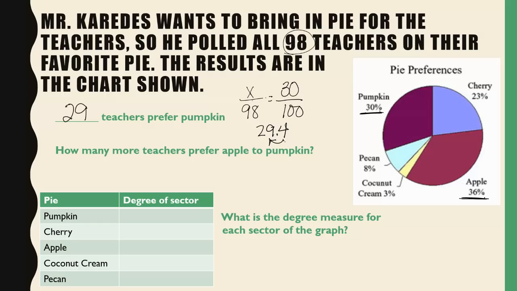Or we know that one is 36%, the other is 30%, meaning there's a difference of 6%. We could just find 6% of the 98 and solve that way. When we do, we get 5.8, so about 6 more teachers prefer apple to pumpkin.